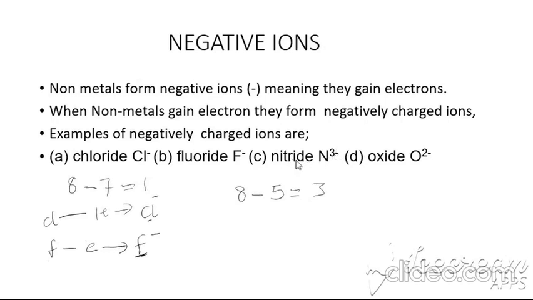So nitride is just an ion for nitrogen. So nitrogen, the symbol is N. It's gaining 3 electrons to form nitride ion like this. So you need to know this, and then you can do that for oxide. Oxide is coming from oxygen.